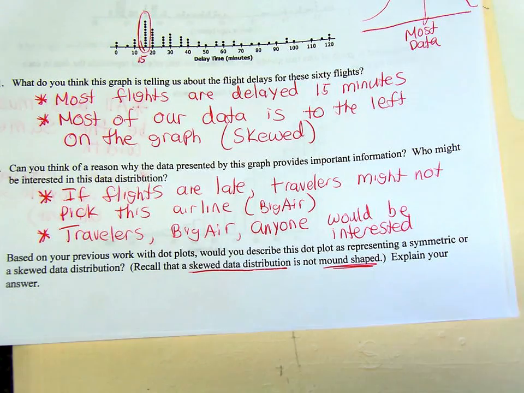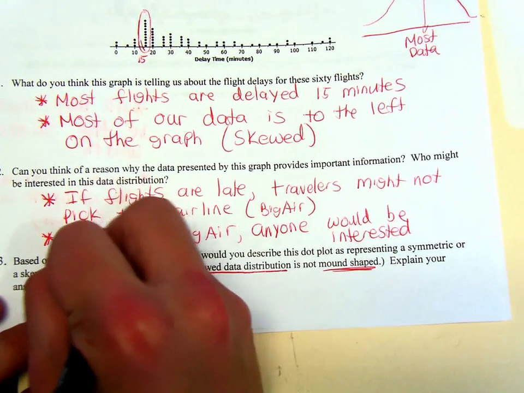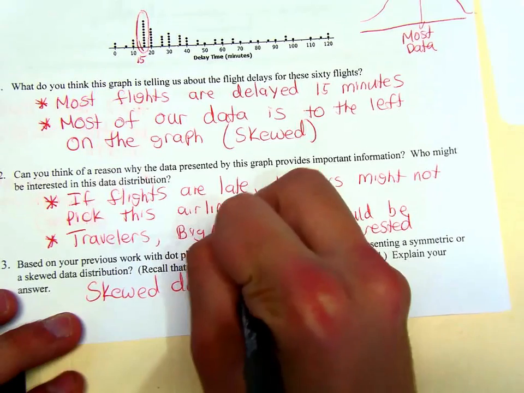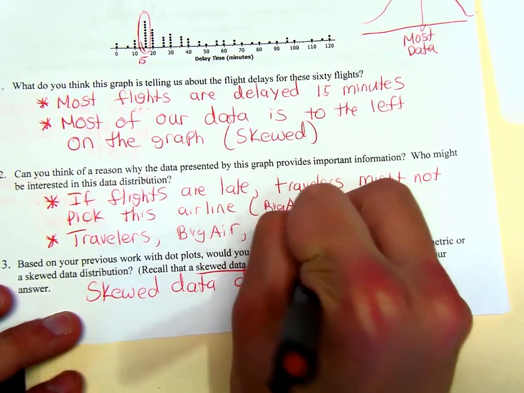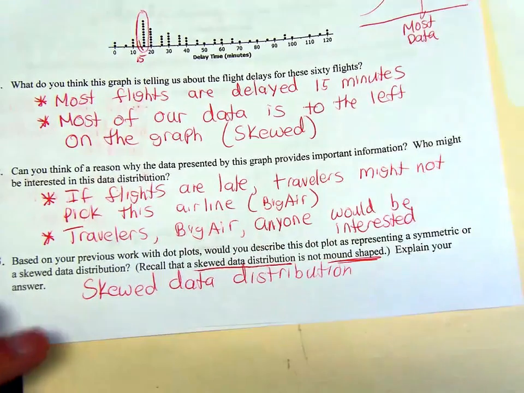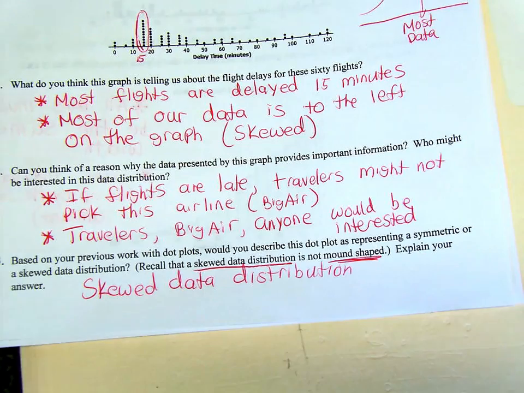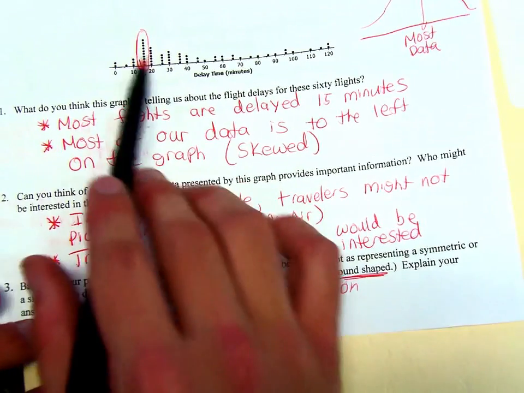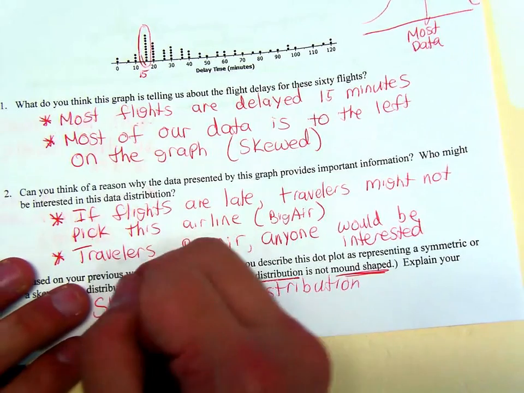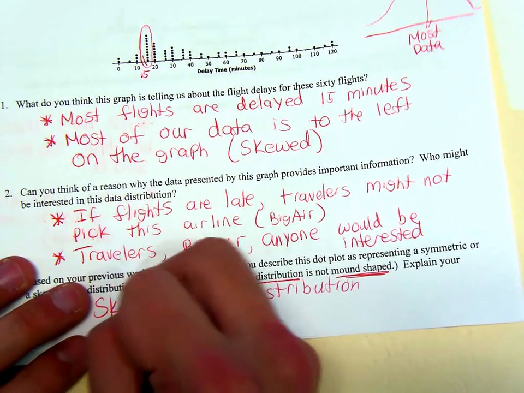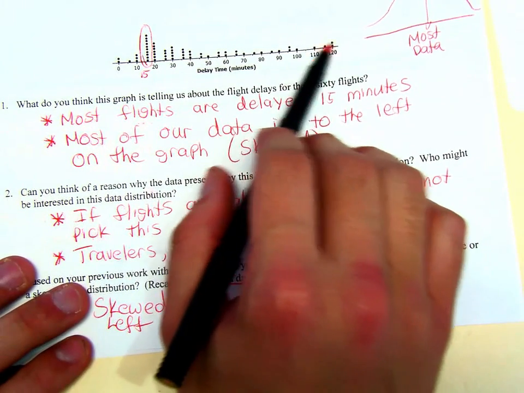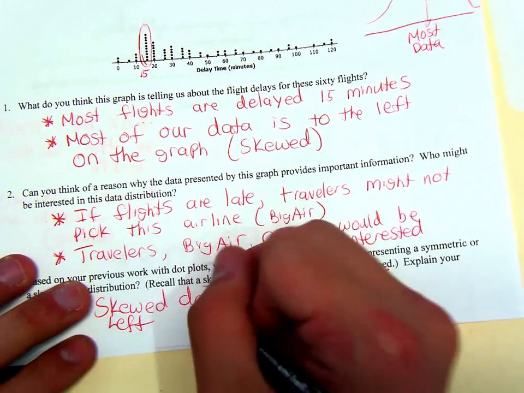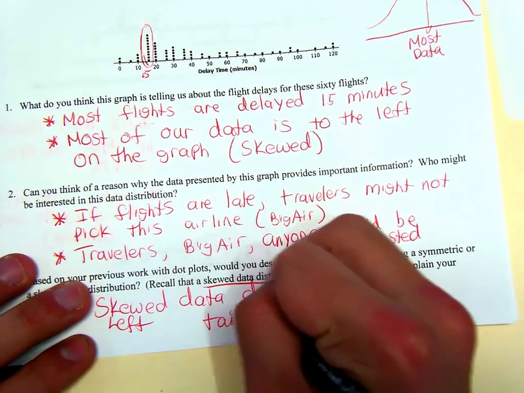Here we have a skewed data distribution. And with a skewed data distribution, we can either be skewed to the left or skewed to the right. Here most of our data is to the left, so we would be skewed left, so that the tail end would be on the right. So we'll say skewed to the left with the tail to the right.